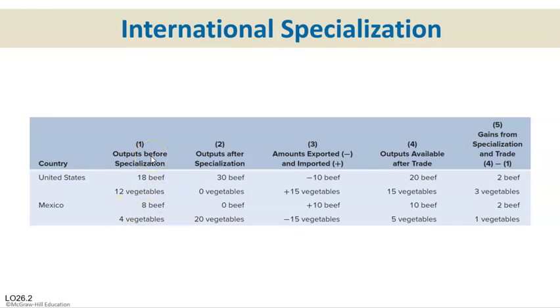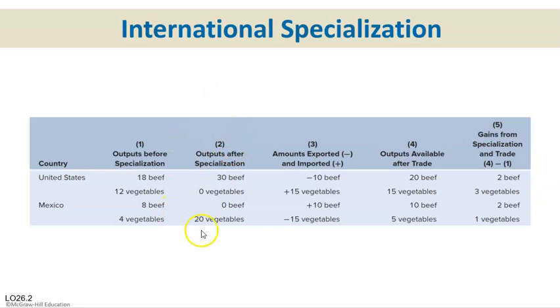Those were the points when they decided they were not going to trade, the self-sufficiency output mix. So if they don't trade, the U.S. will have 18 beef and 12 vegetables. Mexico will have 8 beef and 4 vegetables. So this is without trade. We're going to make them trade, and then we'll compare at the end, after they've traded, how much they have, and if they've gained from trade, if they're better off or worse off.